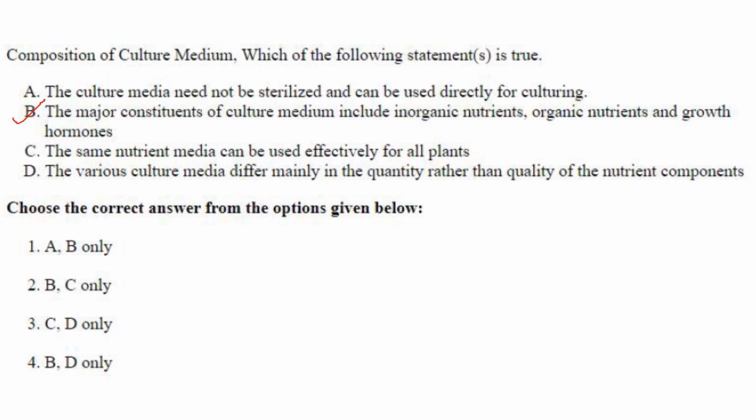Some require more copper, some require more manganese. Then different plants also need different hormonal conditions. So C is not correct. The various culture media differ mainly in the quantity rather than quality of the nutrient components. That is also correct. So B and D is the answer. Answer is option 4.